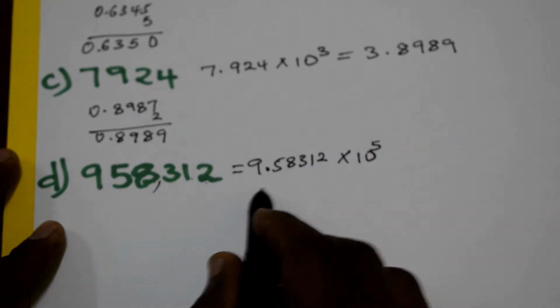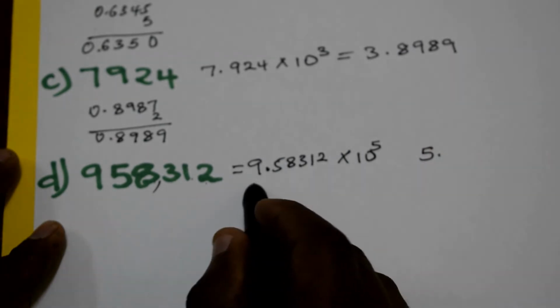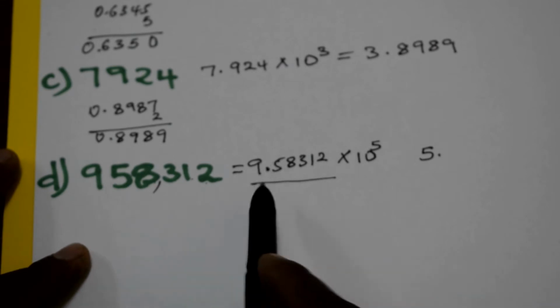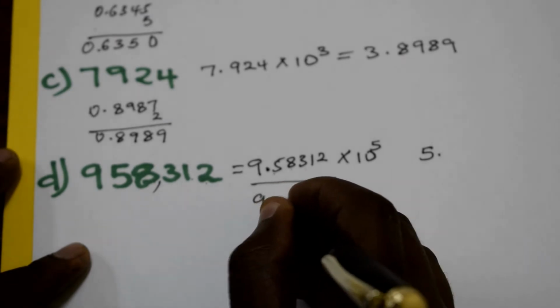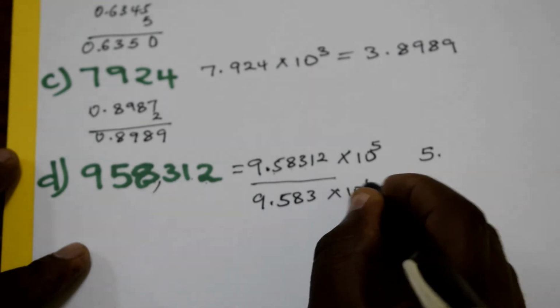So this will be 5 point. Our mathematical table is called four figure, so we need to express this to 4 significant figures: 1, 2, 3, 4. So we are going to have this one as 9.583 times 10 power 5.